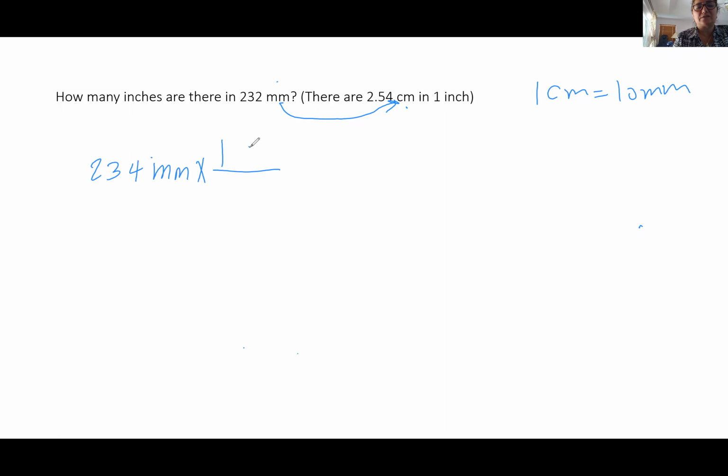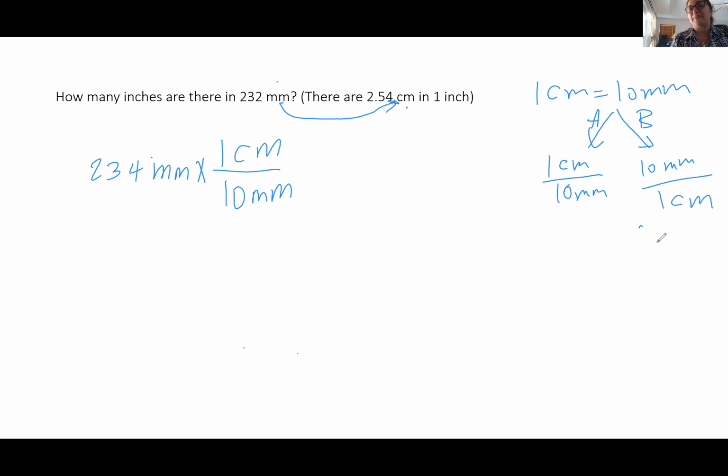So centimeter has to be up: 1 centimeter over 10 millimeter. As I said in class, you take these two possible conversion factors, 1 centimeter over 10 millimeter, which you can extract from this equation, or 10 millimeter over 1 centimeter, and then you choose one of these two options. Since you want to cancel the millimeter and convert to centimeter, you have to use the first one.